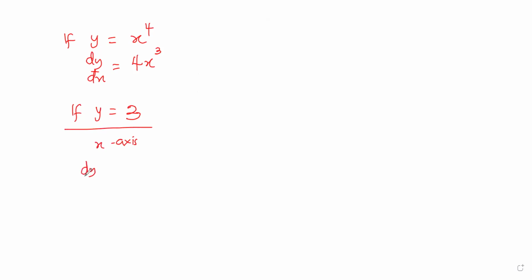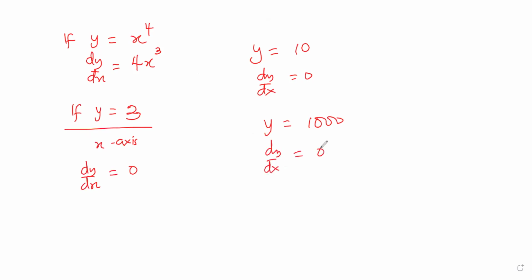So dy/dx will be 0. In effect, if you have a constant, dy/dx is always zero. Anytime you differentiate a constant, you get zero. If y is equal to 1,000, dy/dx will be equal to zero.